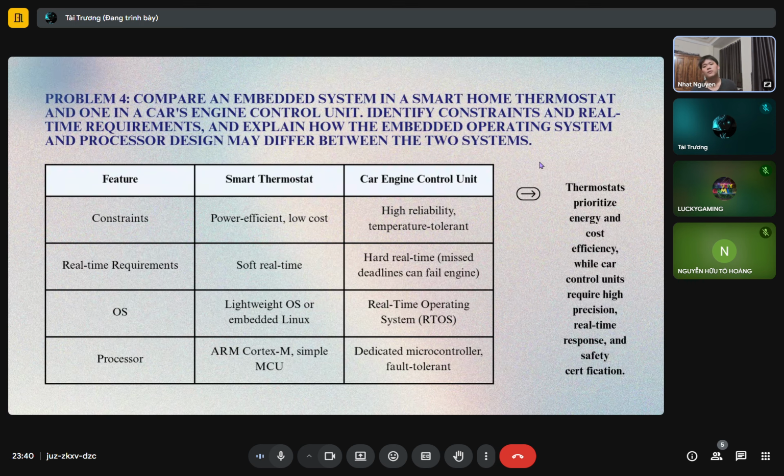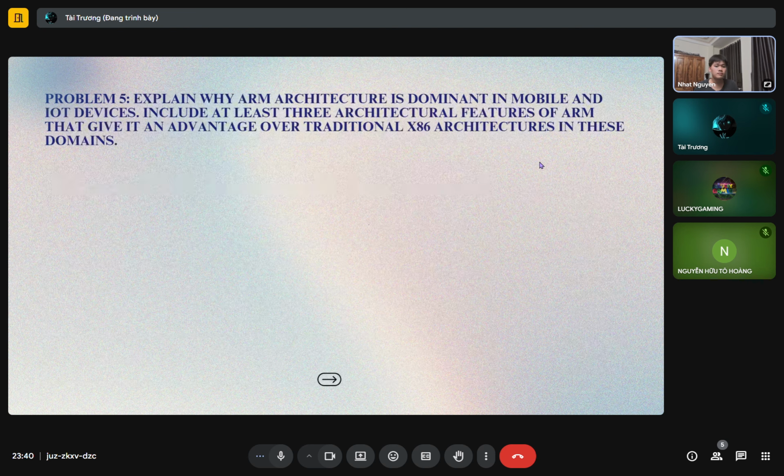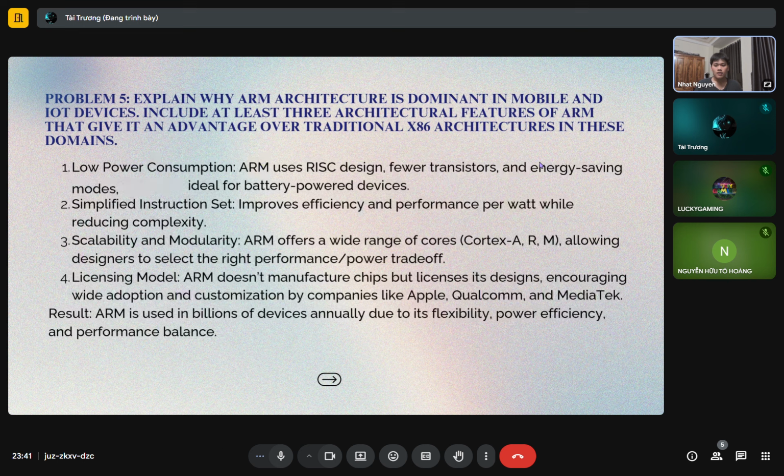Now we move to problem 5. Explain why the ARM architecture is dominant in mobile and IoT devices. Include at least three architectural features of ARM that give an advantage over traditional architectures in these domains.